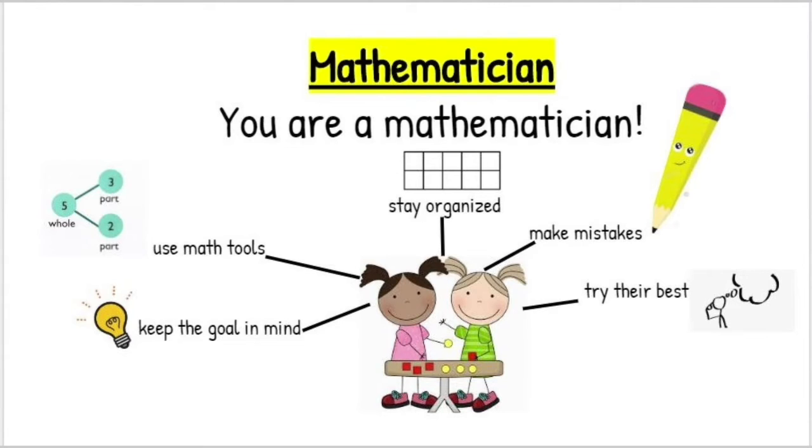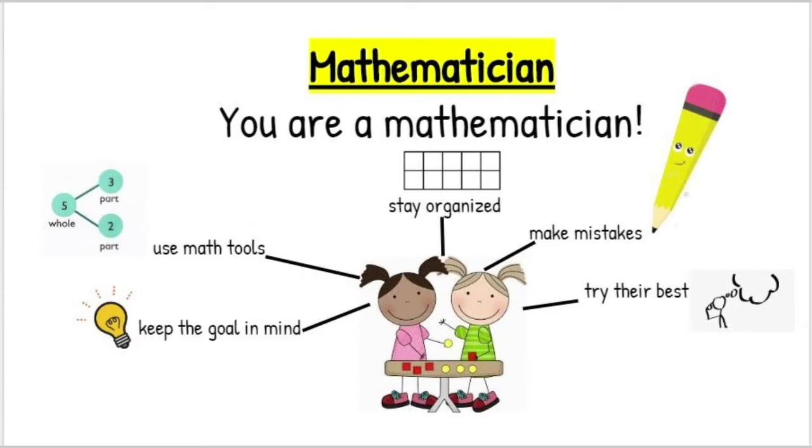Okay, kindergartners and firsties, it's time to get started with our lesson. And before we do that, I just want to go over with you that you are all mathematicians, okay? So let's talk about what a good mathematician looks and sounds like. So good mathematicians keep their goal in mind.